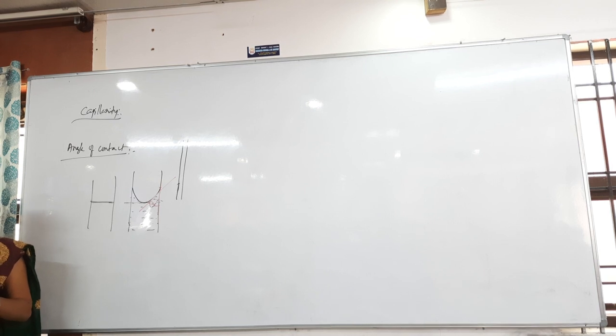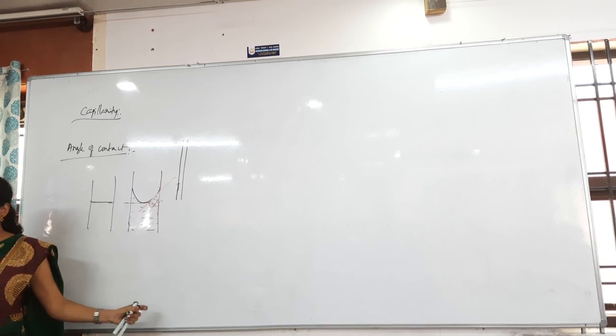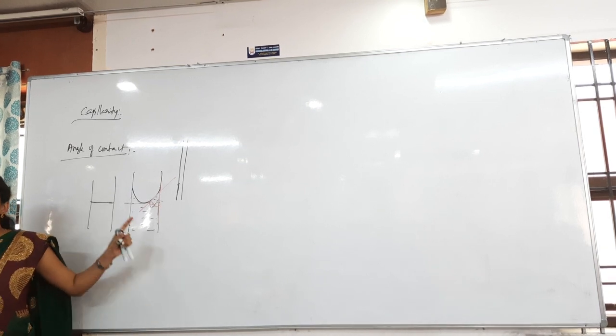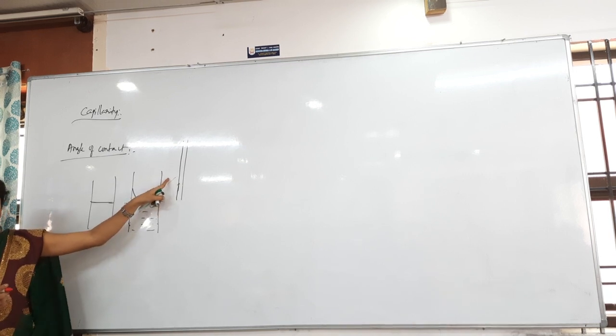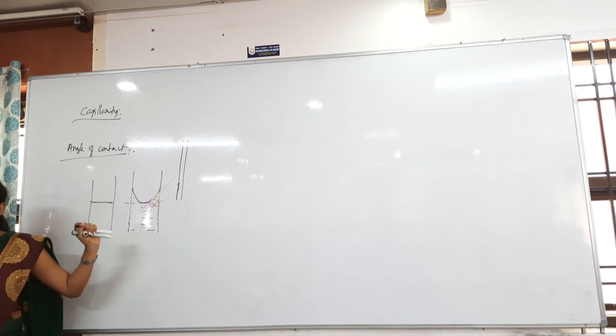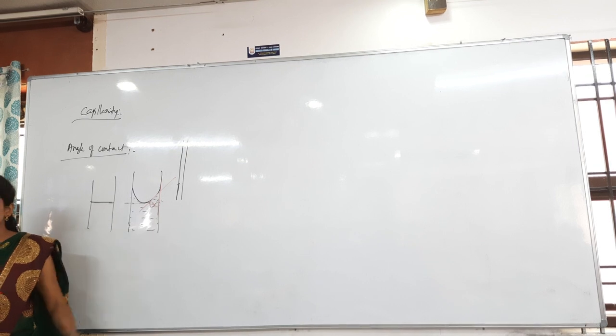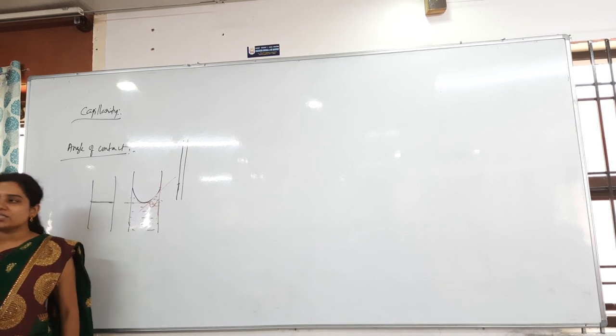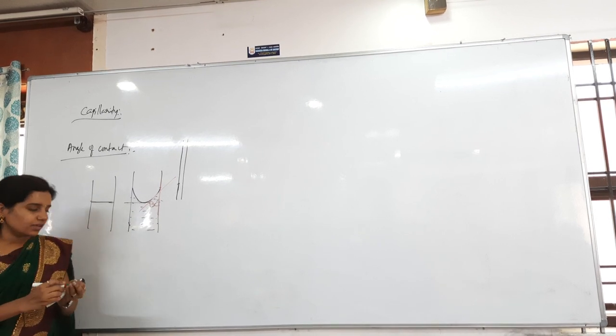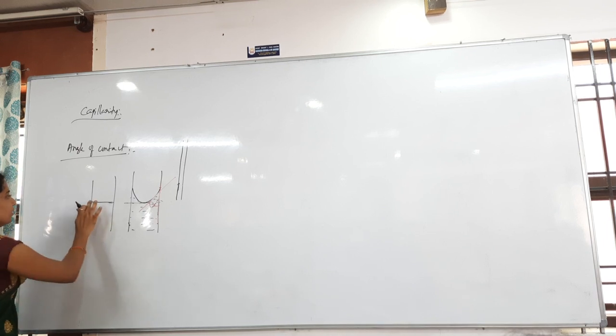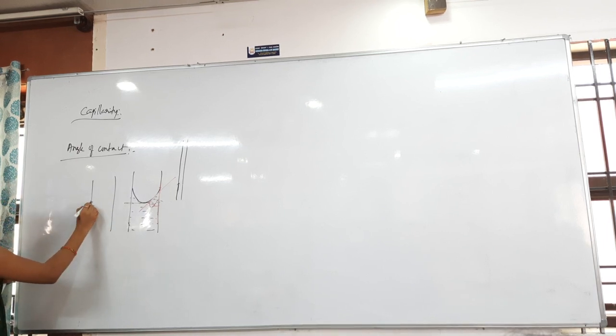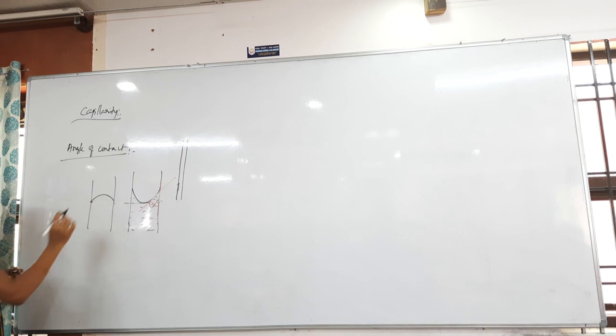The angle of contact is not the critical angle; theta c is the angle of contact here. For different capillarities it will be different. For example, if I take mercury and glass, the meniscus will be like this. So where will the angle of contact come now?